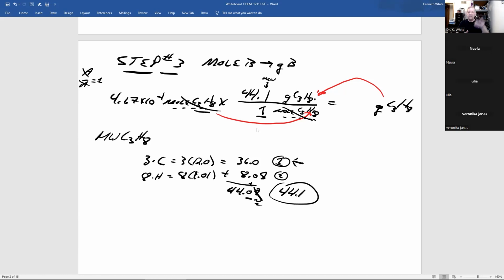And now I can pick up my calculator. Now to get to the 10 to the minus 1, after you put 4.67, at least on this one, blue double E, whoops, hold on.